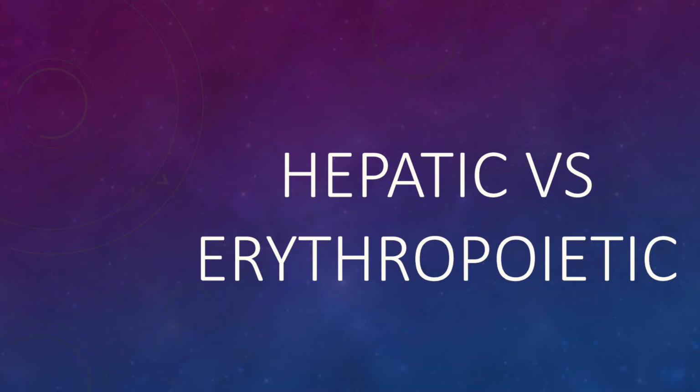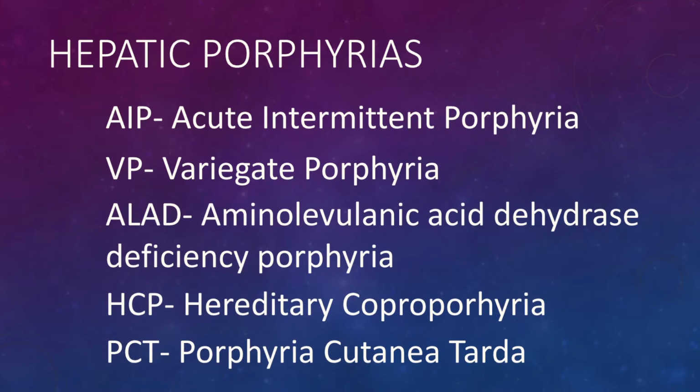Alrighty then. We mentioned that hemoglobin is formed from heme, and that takes place in the bone marrow. And there are these 5 disease entities, porphyrias, which are due to dysfunction of the hepatic enzymes in heme production, the P450 ones.